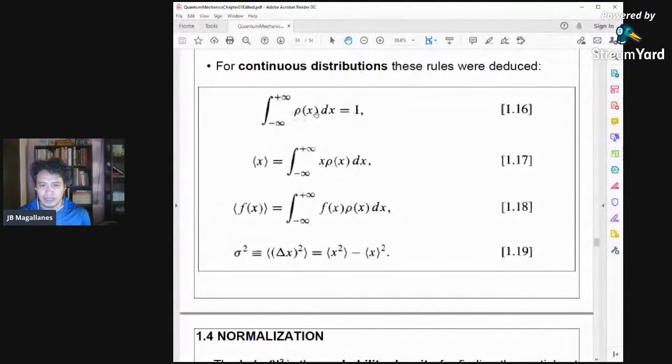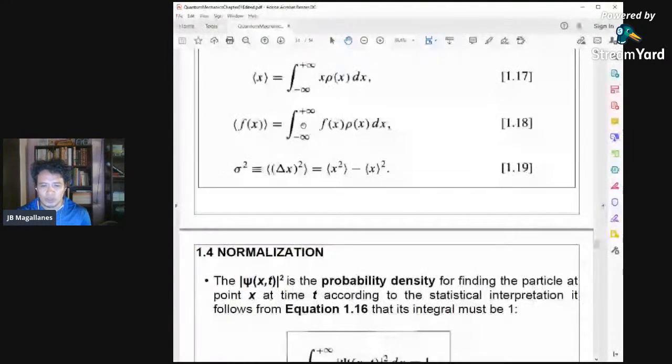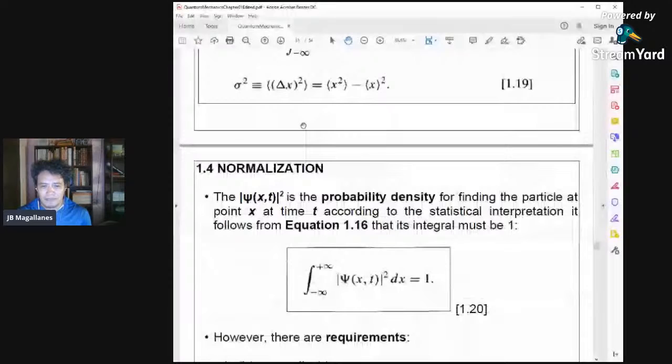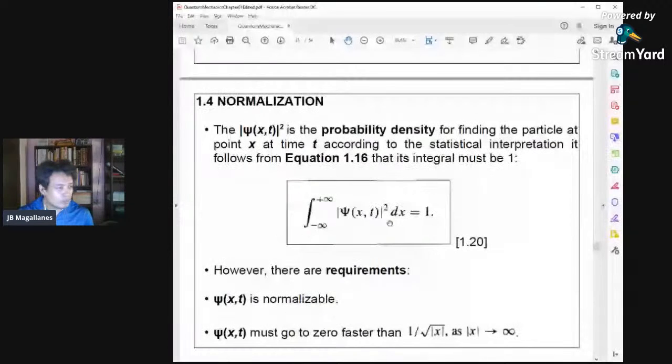This is a probability density, but in quantum mechanics, the wave function squared is also the probability density. So that is why you have the integral of this times dx equal to 1.